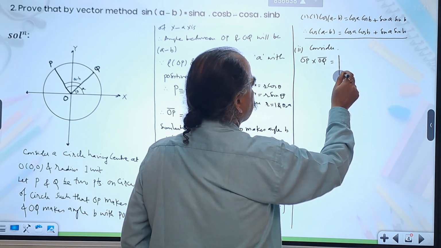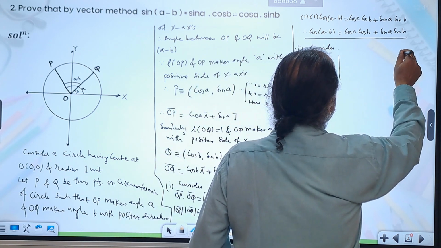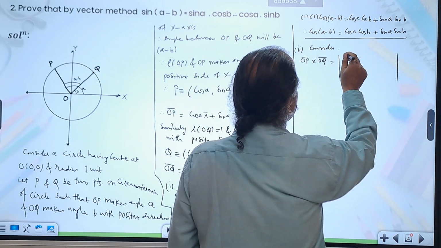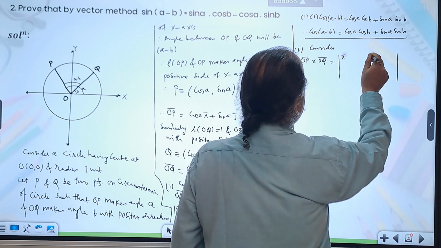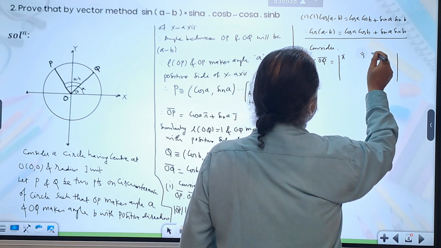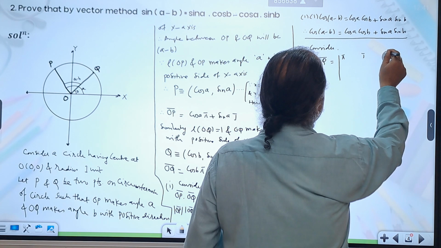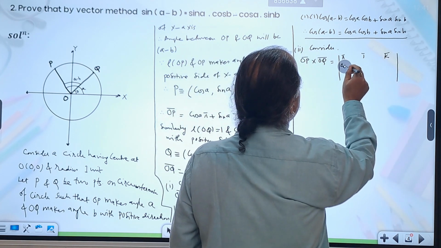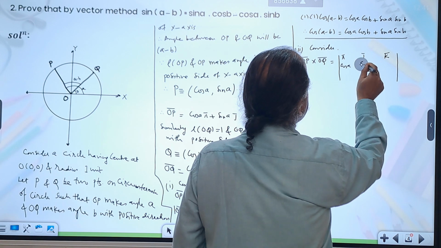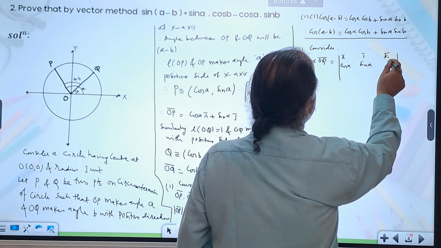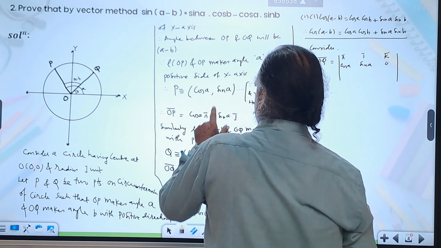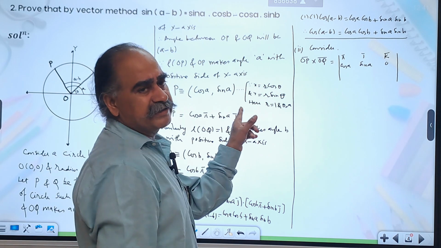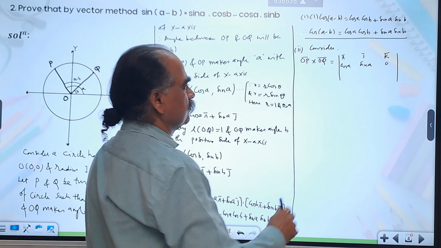And how to find cross product of two vectors? Determinant: I bar, J bar, K bar; cos A, sin A, 0. K component is not there, so it is taken as 0.